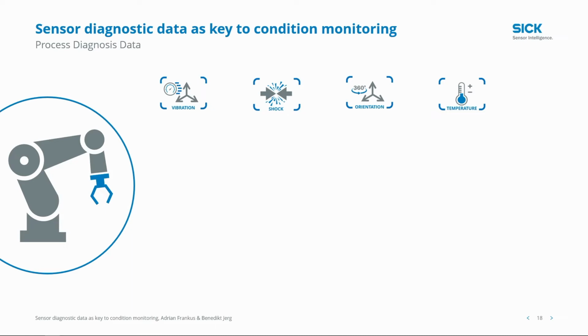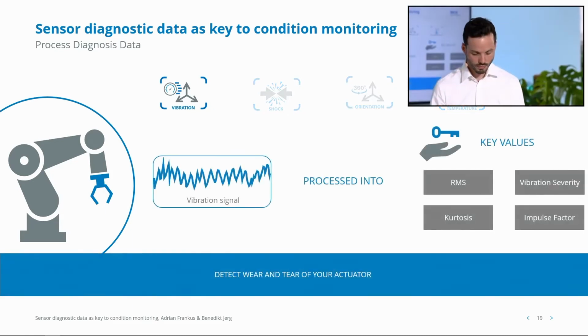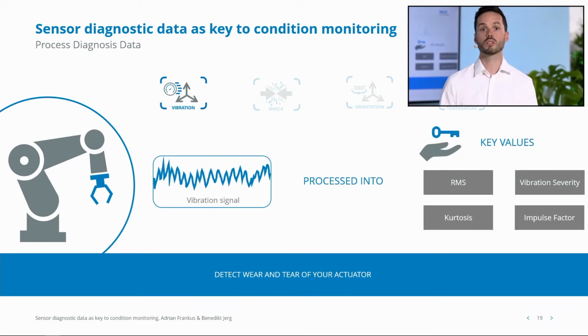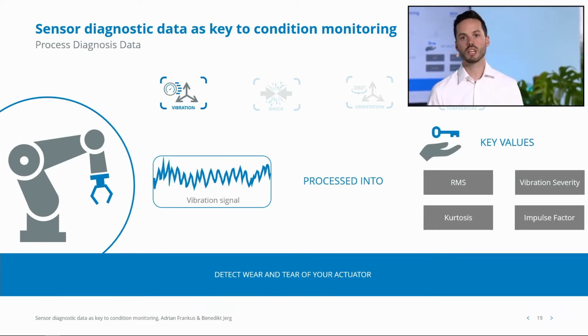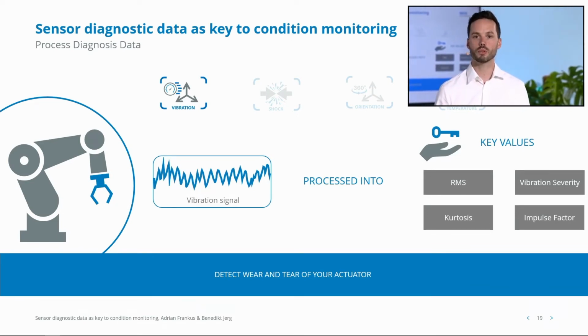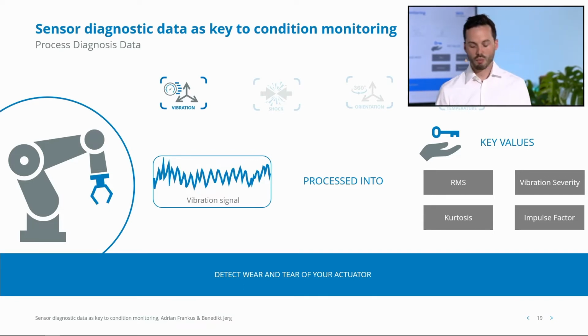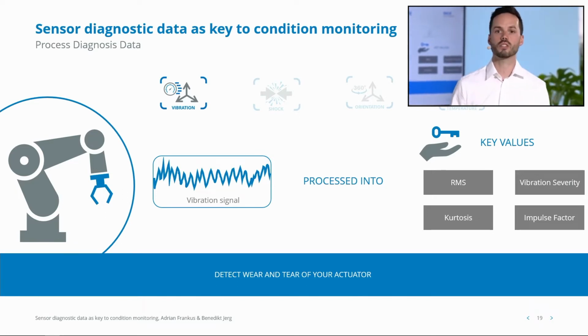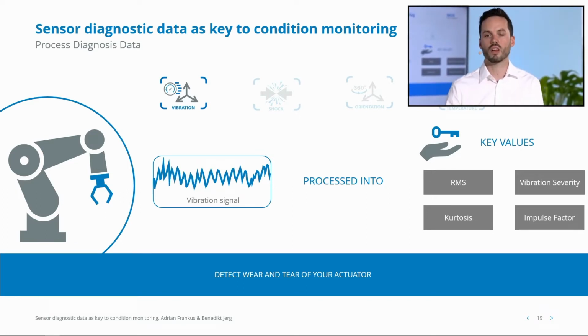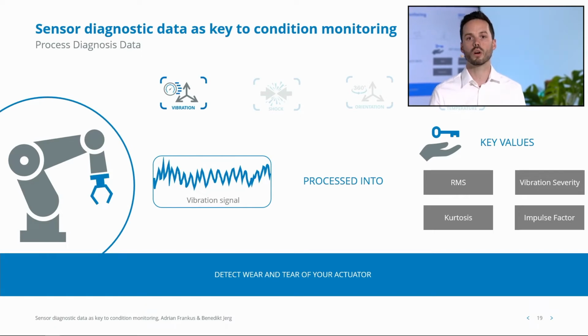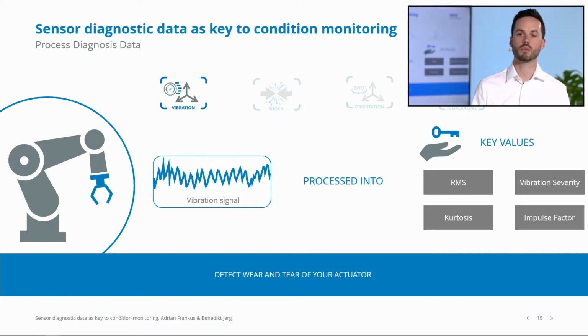So let's start with the first one, the vibration. The sensor processes the raw signal into key values. These key values help to interpret changes inside the actuator. But please be aware that the success depends on the knowledge of your failures. Otherwise, you know that you have a deviation, but you do not know the cause of the deviation within these vibration values.